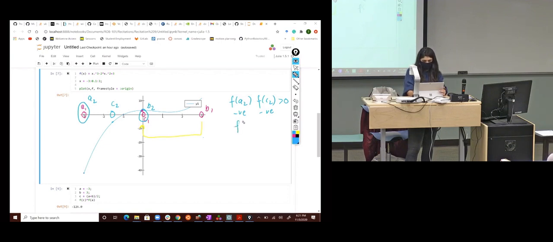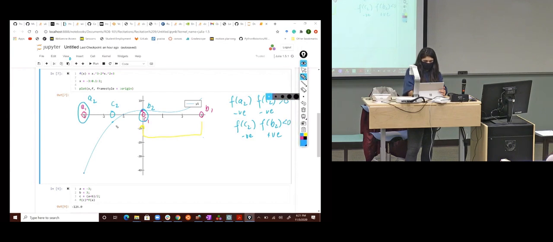Let's check if f of C2 times f of B2 is negative. This one's negative, this one's positive, so the product comes out negative, which means there is a root between B2 and C2.